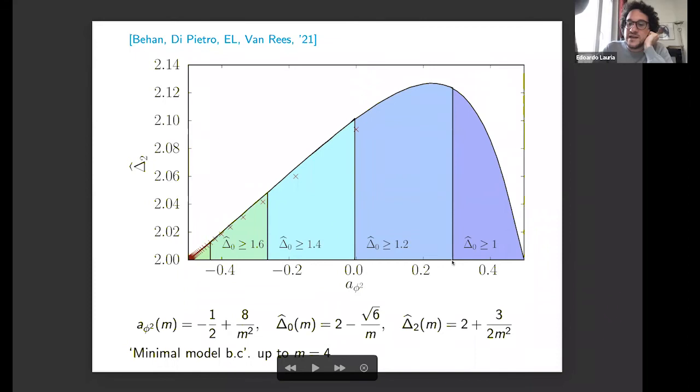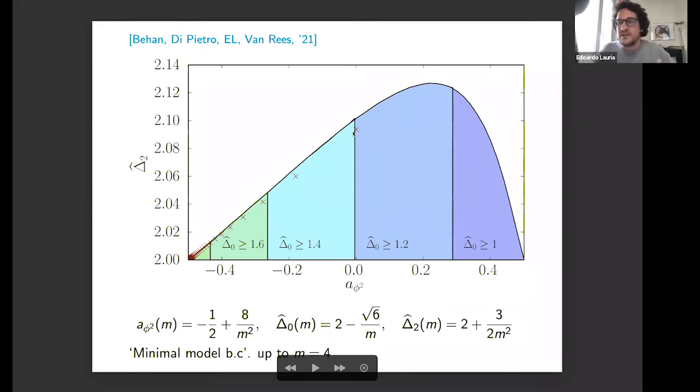But if you start increasing the scalar gap, for example, you set it to be equal to 1.2, then suddenly this whole region becomes disallowed, and the only allowed region is this small triangle with a vertical drop and a sharp kink. So the position of this kink is very well predicted by the position of the minimal model boundary condition.